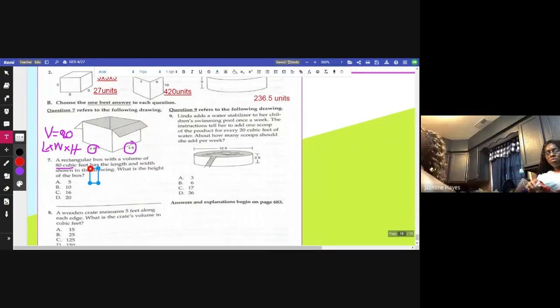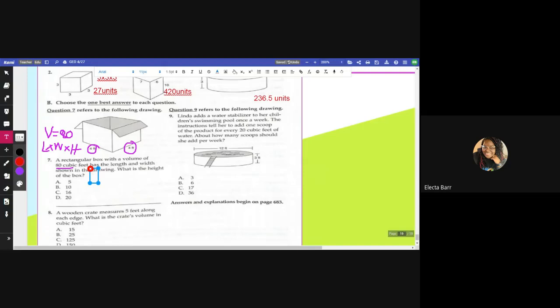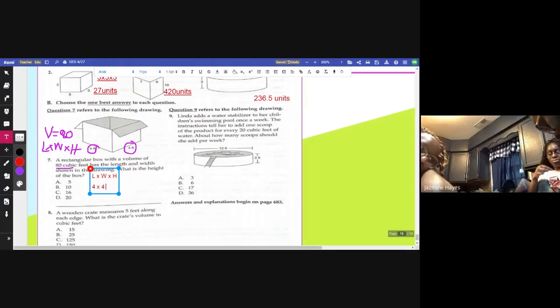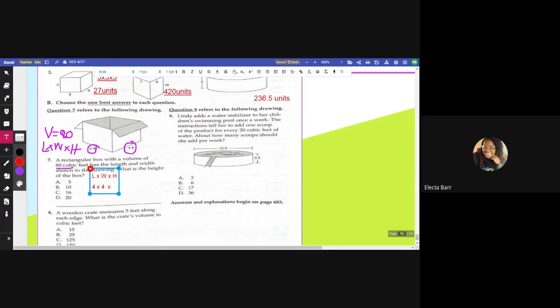We already know the length is 4, the width is 4, but we don't know the height, and we know it's supposed to be equal to 80. Y'all get so far with that?